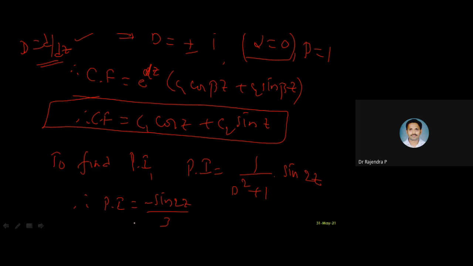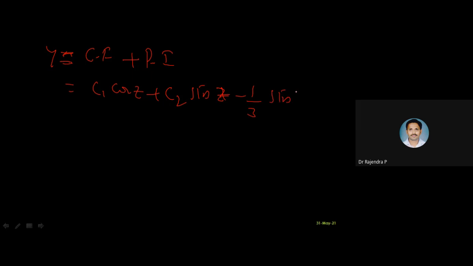I hope everybody knows this. So now we will add together. Therefore, y is equal to complementary function plus particular integral. This is your answer: C1 cos z plus C2 sin z minus 1 by 3 sin 2z.